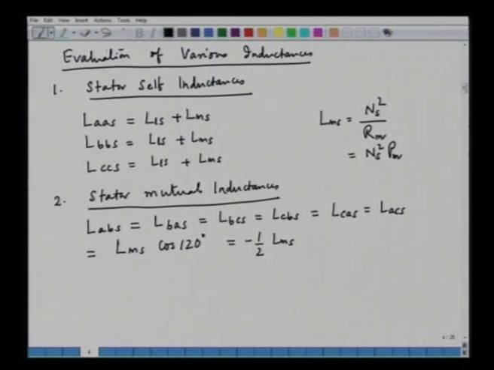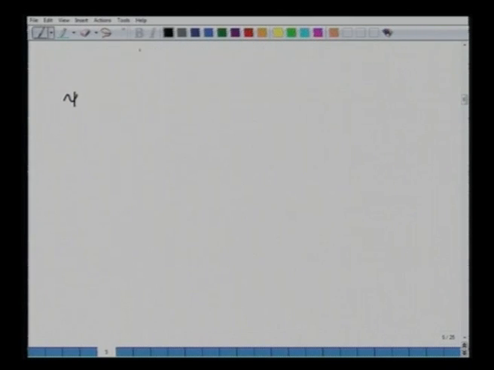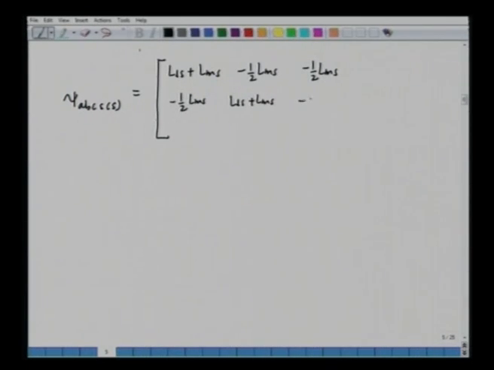So, we can write down the matrix LSS. Psi ABCS due to its own current is equal to the matrix with LLS plus LMS on the diagonal and minus half LMS in all the off-diagonal positions: LLS plus LMS, minus half LMS, minus half LMS; minus half LMS, LLS plus LMS, minus half LMS; minus half LMS, minus half LMS, and LLS plus LMS.